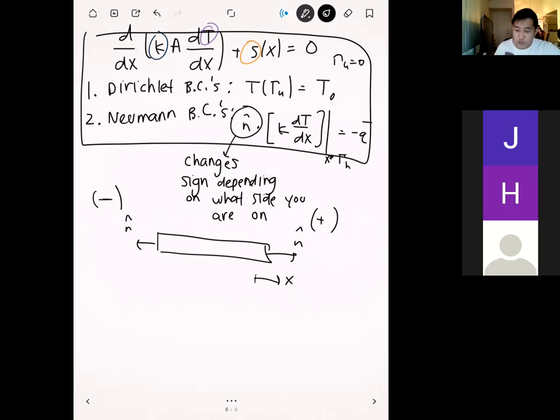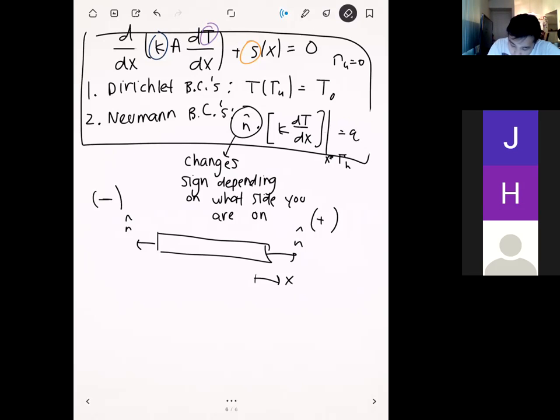Okay? And just like we saw in elasticity, it consists of a governing differential equation. So we have a differential equation for T, and then we have boundary conditions which describe the solution at the boundary. Okay? On the right side of the equal sign, this is a Q right here. Yeah, let me draw a bit more clear.